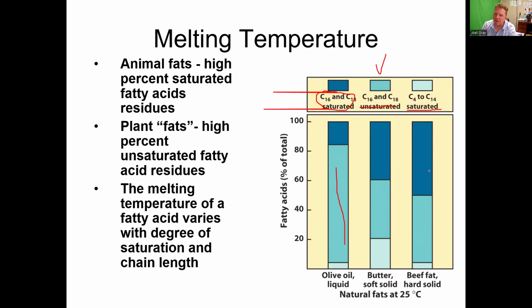Now, in beef fat and butter, you have a higher percentage of this one right here. Then, last but not least, your saturated fatty acids that are anywhere from 4 to 14 carbons long are going to be here. Of all of these sources of fats, butter is going to have the highest percentage of shorter fatty acids.